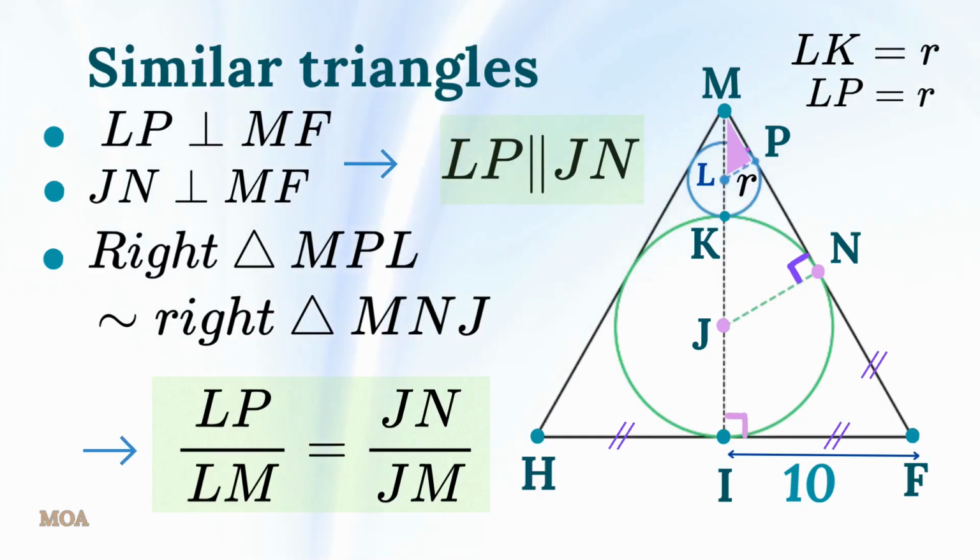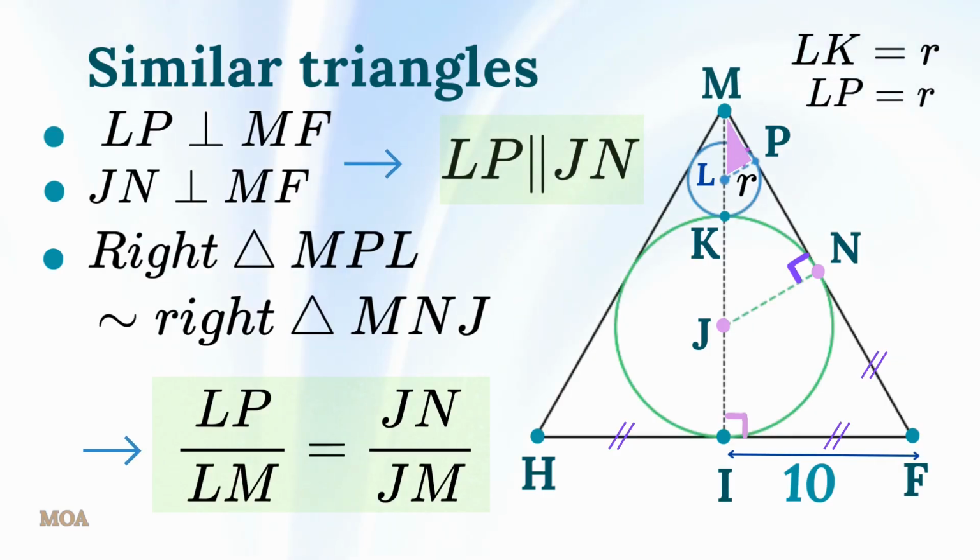This implies that triangle MPL, right-angled at P, is similar to triangle MNJ, right-angled at N. This similarity allows us to express the following ratio: LP over LM equals JN over JM, where LP and JN represent the radii of the smaller blue circle and the green circle, respectively, both determined in earlier steps.